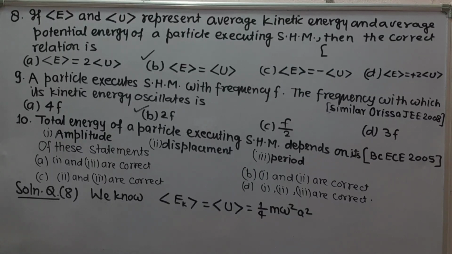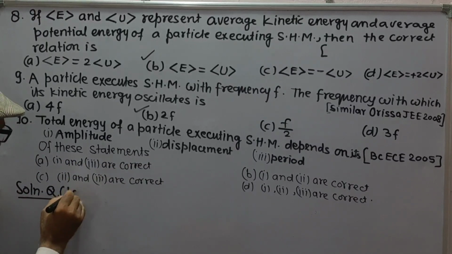Next question number 10. The question is, total energy of a particle executing simple harmonic motion depends on its first amplitude, second displacement, third time period. Of these statements, these are the options. Solution to question 10.